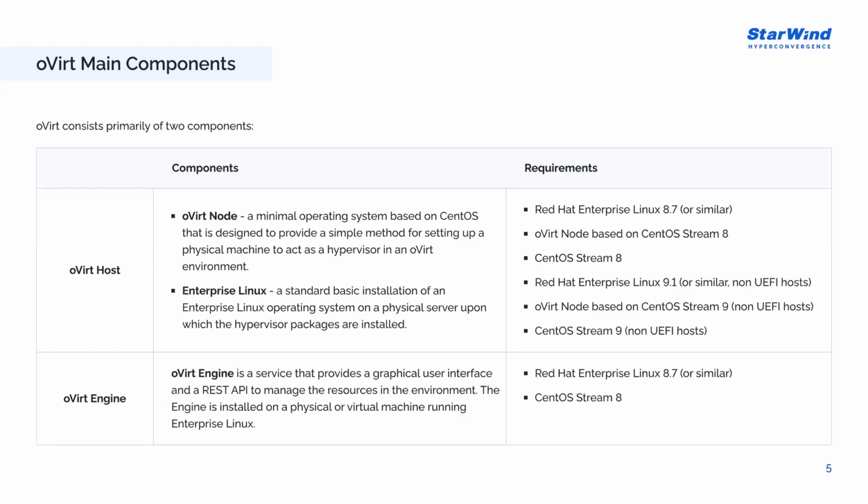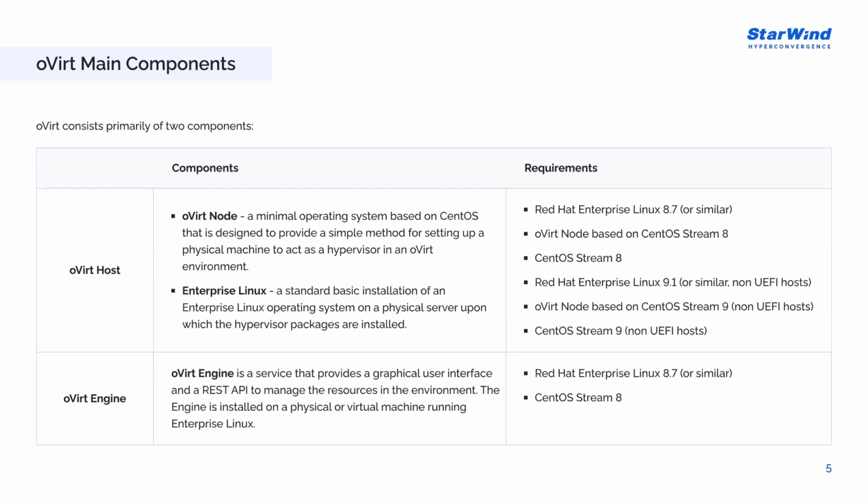Now, oVirt has two main components: hosts and engine. There are two types of hosts: oVirt Node, which is basically a minimal OS based on CentOS, the simple way to deploy a physical machine to act as a hypervisor in your oVirt environment.